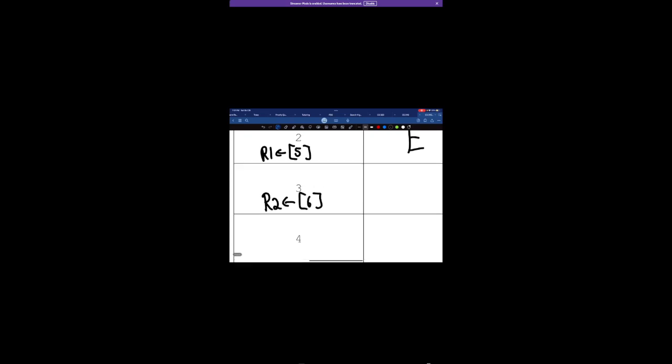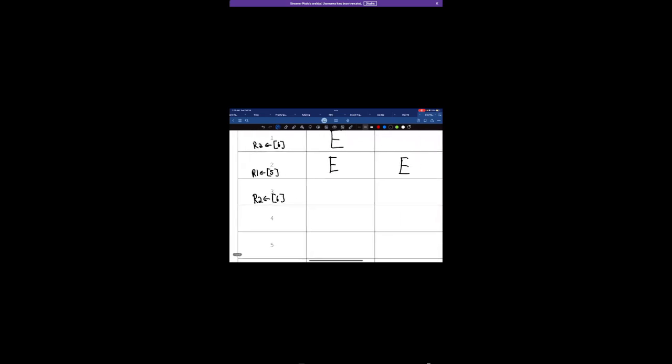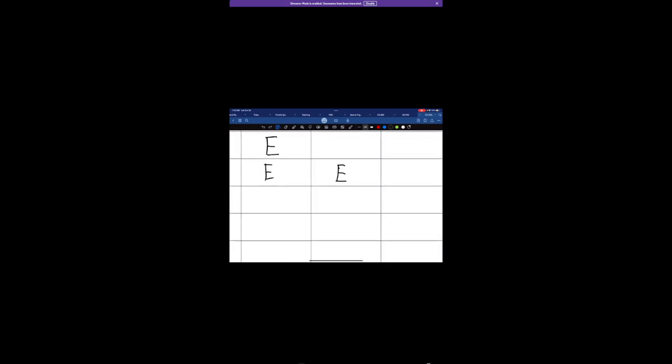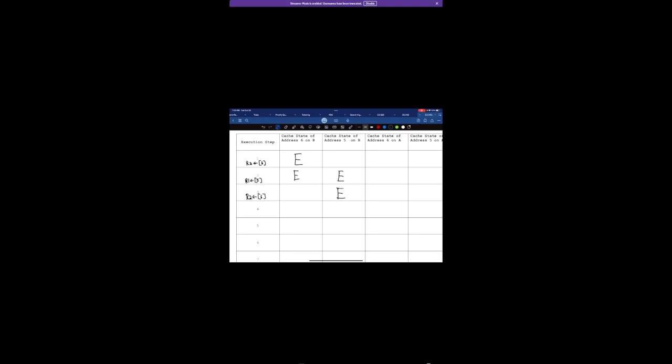Number 3, we're on processor A running line 1. No, line 1 is R2. Load 6. Okay. And we're on processor A. Since we're not dealing with 5 here, the cache state here is going to remain as E. We're dealing with 6. So we go into cache and we get a read miss on 6.